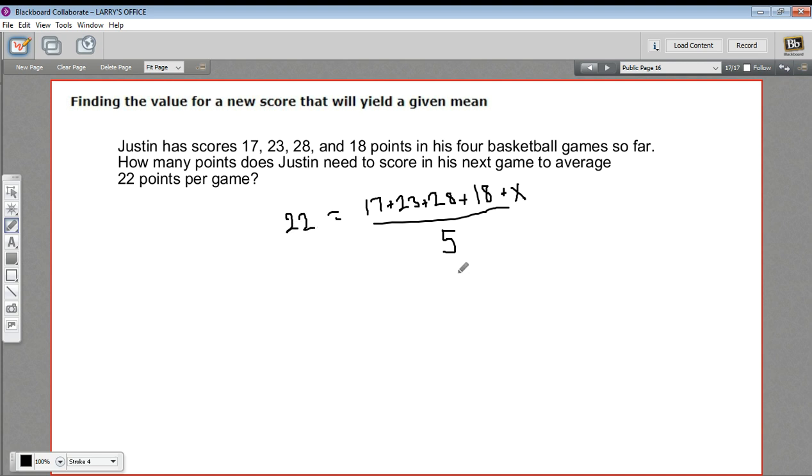Now we can actually solve this equation for x, and it's going to give us the number that we need to make this average 22. I think the first thing I'm going to deal with is this fraction. I'm going to get rid of this fraction by just multiplying both sides by 5.